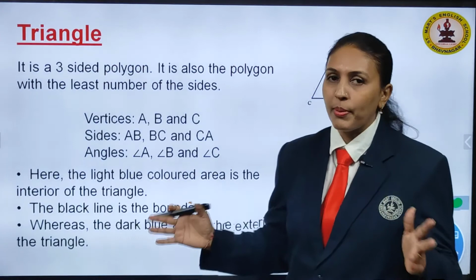Next, children, we have sector. It is the region in the interior of the circle, interior means inside the circle, which is made up of an arc, this is the arc, and a pair of radii, means 2 radius, 1 and 2. So, this portion is called a sector. A sector is made up of 2 radii and 1 arc.